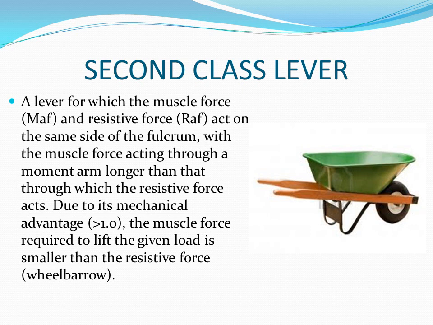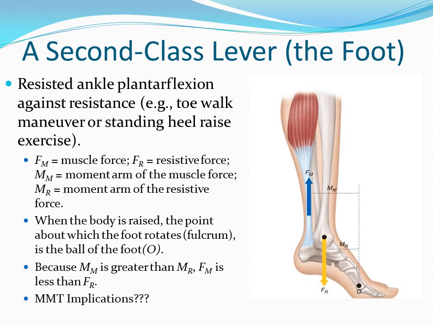Now, in the human body, when we find a second-class lever, due to its mechanical advantage, the muscle force required to lift the given load is much smaller than is the resistive force. Well, when we do the heel walk and toe walk maneuver, we're talking about a second-class lever system.